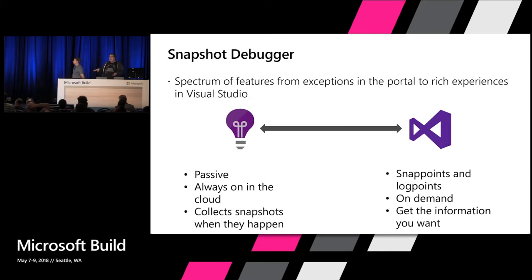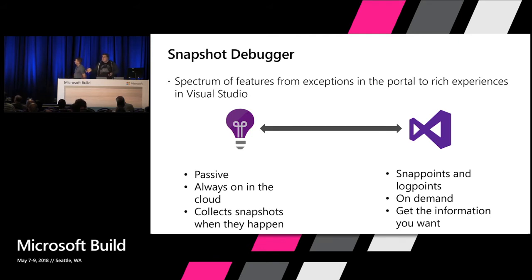And in fact, to that point, the Snapshot Debugger isn't just one feature, it's kind of a range of features. And those two extremes, one is like a system that's part of App Insights, that's passively and always on, like Paul was saying, and it collects snapshots when they happen. So when you have an exception, bang, it'll collect a snapshot.